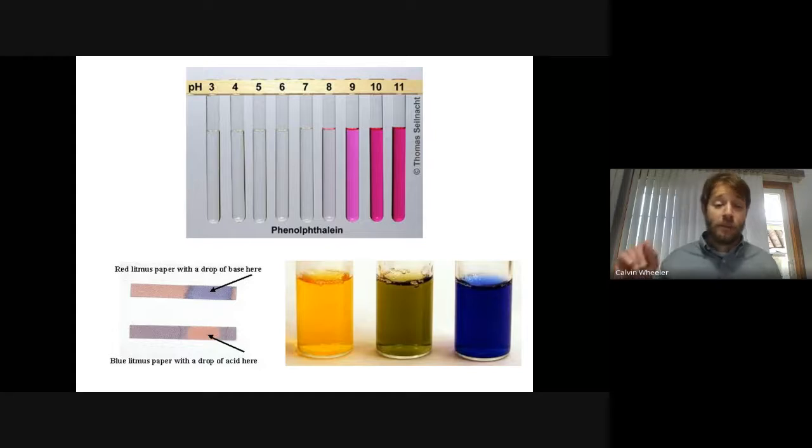But if I put a few drops in a base, it's going to turn a magenta color very quickly. So we could use phenolphthalein to indicate whether we have an acid or base. In the middle ground, it's kind of a faint pink, but there's not much of a spectrum effect here. For the most part, it's either clear or magenta with very little in between.